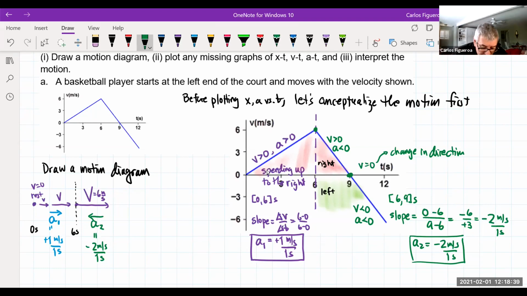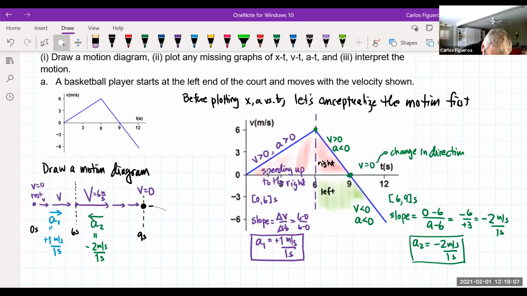So that means I'm going to slow down, and at some point, I'm going to stop. And this is the point where that speed is 0 here. Okay? And so when I come to 0, this is occurring at 9 seconds.